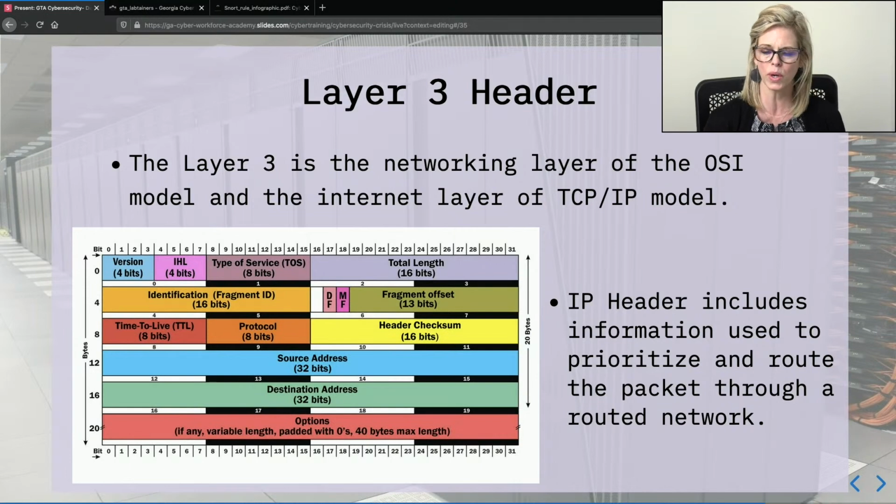If you don't know what's supposed to be in a layer 3 header, an IP header, or what's supposed to be in a TCP header, then how are you going to know if it's being exploited? How are you going to know if it's been tampered with?